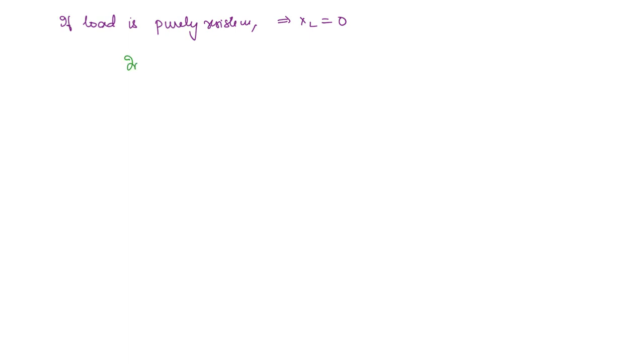In such a case, we only differentiate PL with respect to RL, which is equal to 0. So here you are going to get RL is equal to root over RTH square plus XTH plus XL whole square. This is the same expression that we discussed previously as well.